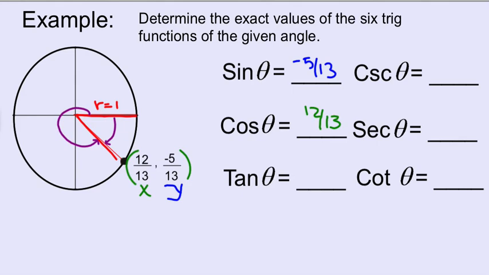So what we want to do is find the other 4 trig functions. So I'm going to just worry about the inverses for these two. So the inverse of cosecant is the inverse of the sine, so it's 13 with a negative over 5. The secant is the inverse of cosine, which is 13 over 12. All right.